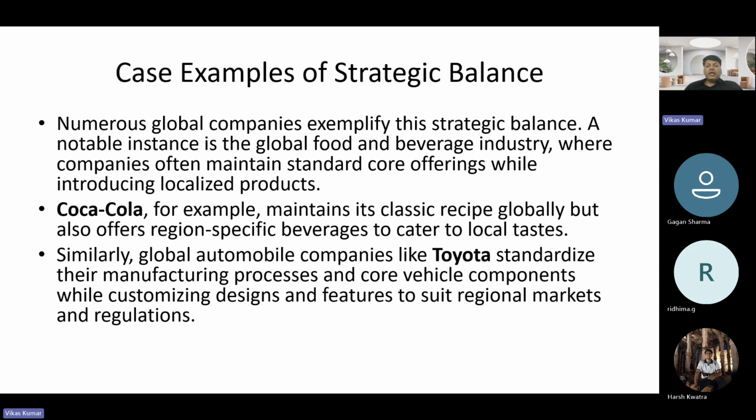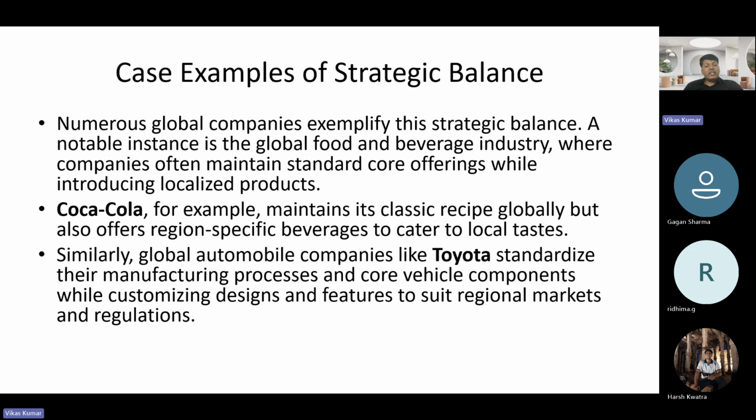Coca-Cola, for example, maintains its classic recipe globally, but also offers region-specific beverages to cater to local taste. In the past few years, Coca-Cola has also been diversifying into milk products. In future, maybe in India also, you will see Coca-Cola offering milk products, so that they will compete with companies like Amul or Vita.